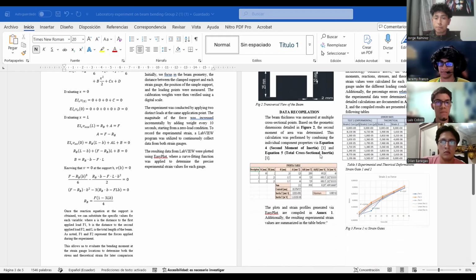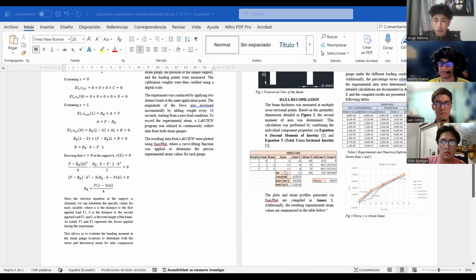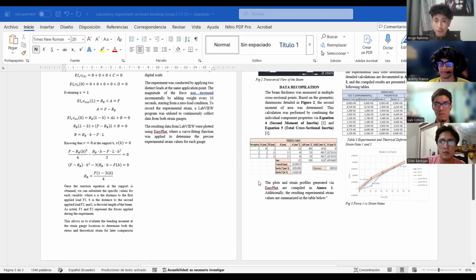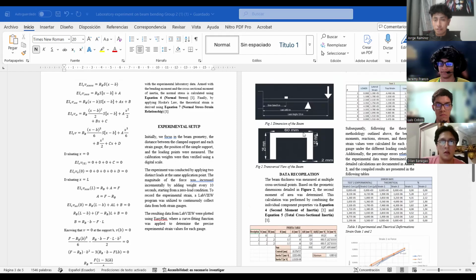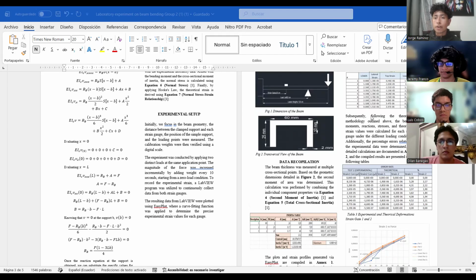After that, we can make a data recovery. In this case, we can see the inertia table. That inertia table we made with the initial data that we have for the beam.